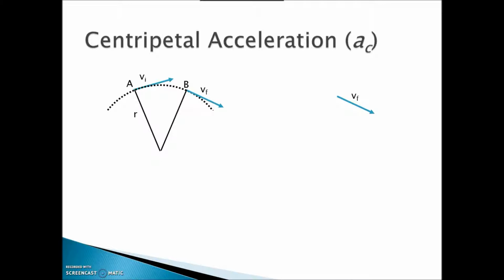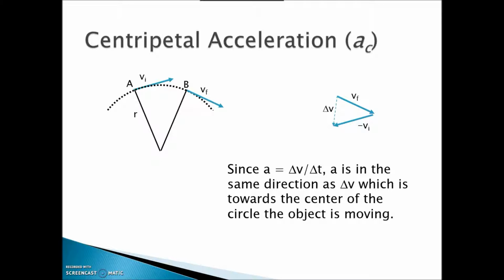If we take our final velocity vector minus the initial velocity, we have a change in velocity. Acceleration is in the same direction as the change in velocity. My picture isn't perfect, but this change in velocity vector is pointing right at the center of that turning radius.